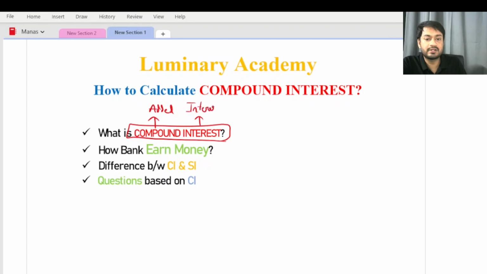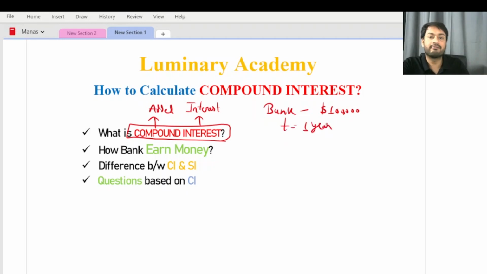So interest is basically an amount which a bank takes because you took their money for a certain period of time. For example, suppose from the bank you took an amount of $1 lakh, because you are using this $1 lakh for your benefit for a period of 1 year.